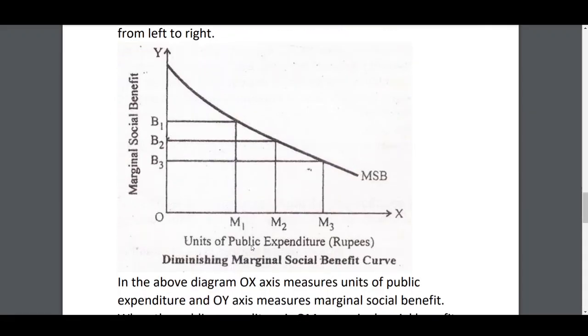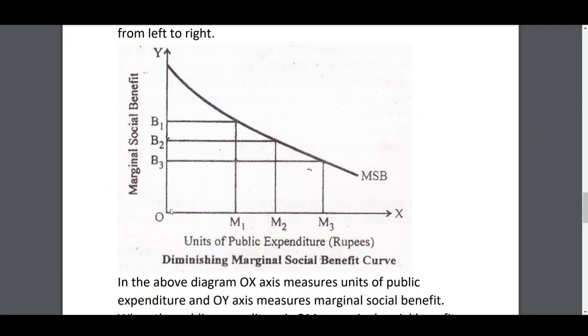So in this diagram, the OX-axis measures units of public expenditure and the OY-axis measures marginal social benefit. When the unit of public expenditure is OM1, the marginal social benefit is OB1.